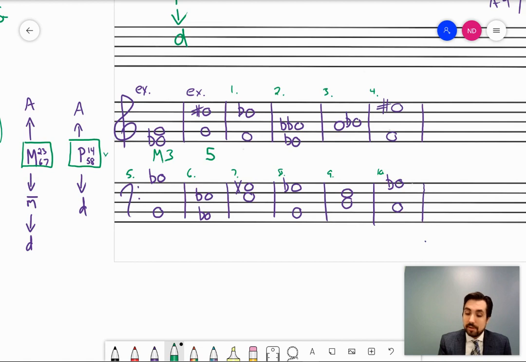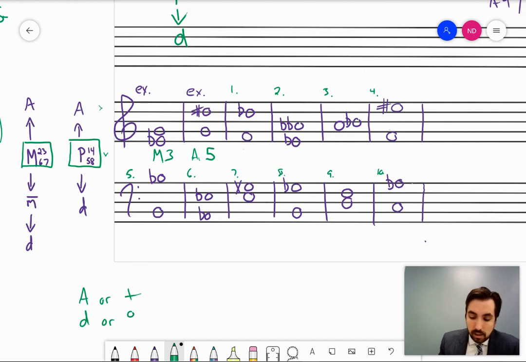I have D sharp, so that means it's been raised by a half step. So that means I have an augmented fifth. Augmented fifth. Oh, I should just give you a little sidebar here that you can label augmented capital A or a plus sign. You can label diminished as lowercase letter d or this little degree sign.